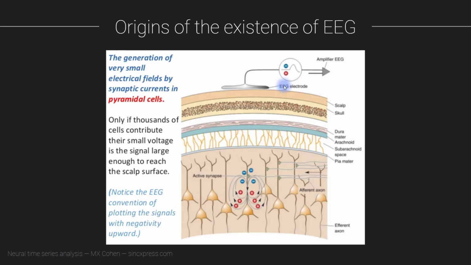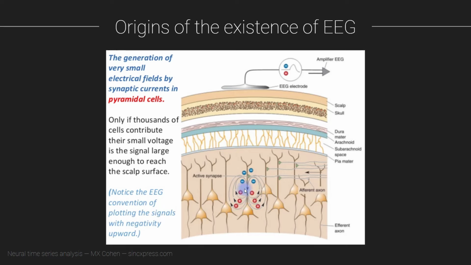However, what we do with EEG is we put a larger electrode on the scalp, on the skin outside the head. Now, this electrode cannot measure the activity of a single neuron. However, it turns out that in the brain, many neurons become active synchronously, at the same time.